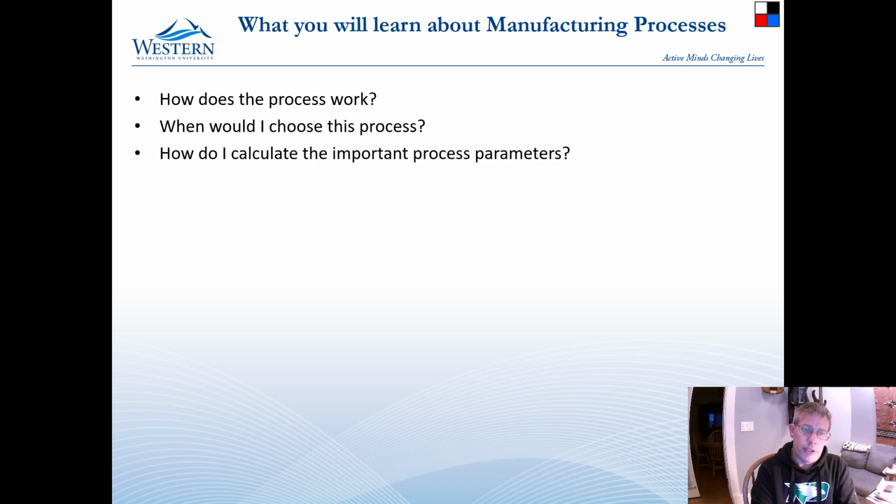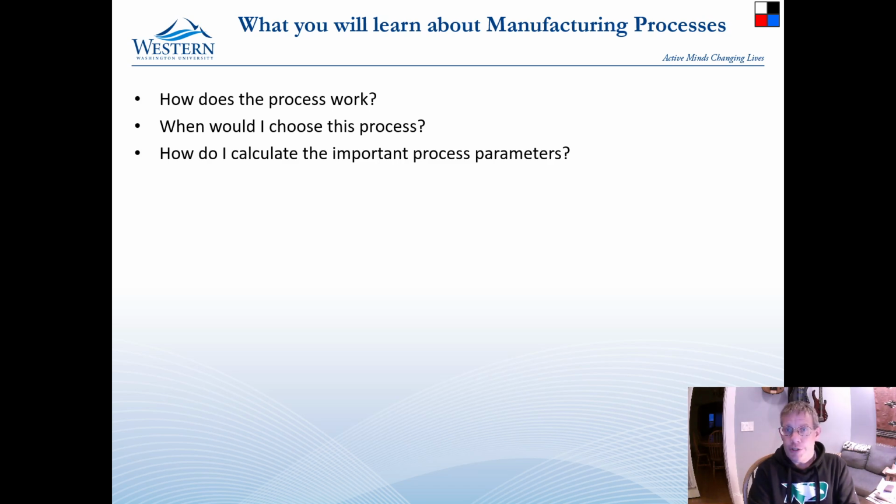We're also going to talk some about how we calculate the important process parameters. In this class, we're actually going to do almost no calculations, very, very few. But we are going to use equations a lot, and graphs. The reason that we're not using a lot of equations is that the equations that you can do simply in a class sort of time are so simplistic as to not be very helpful numerically.